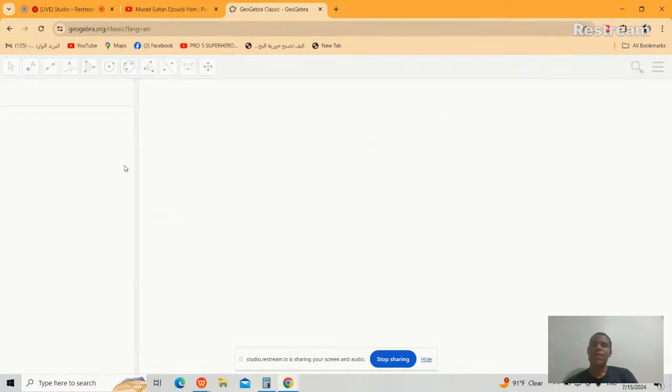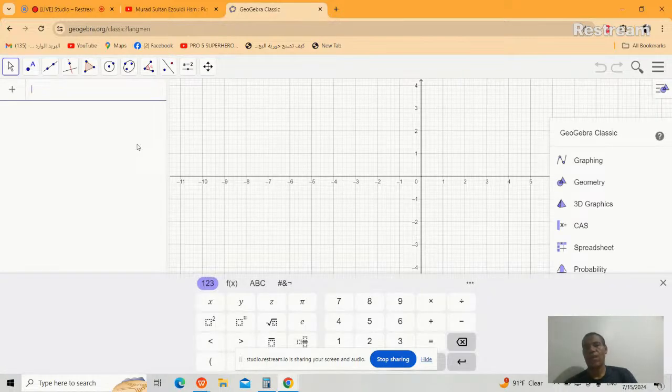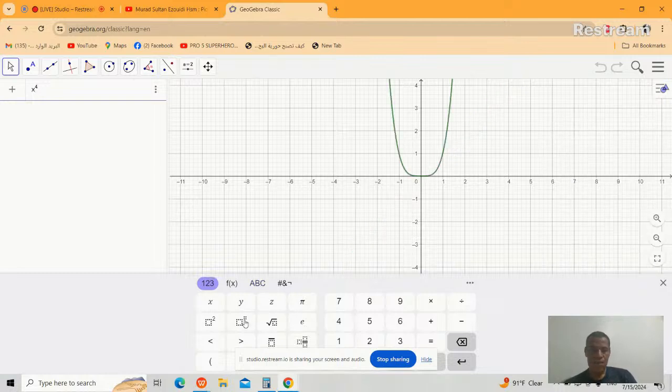I will try to write my equation, with all the x raised to the power 4 minus, Mr. Mourad, 68 x cubed plus 2000.